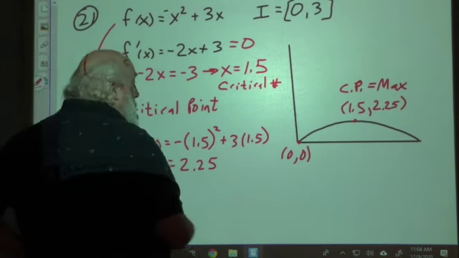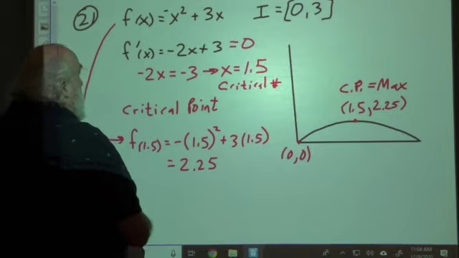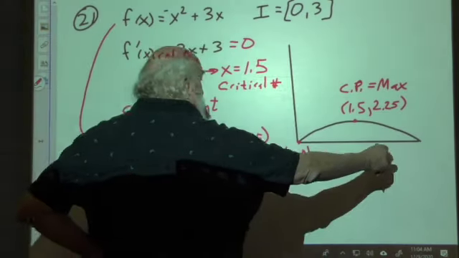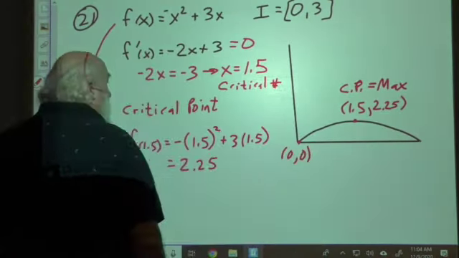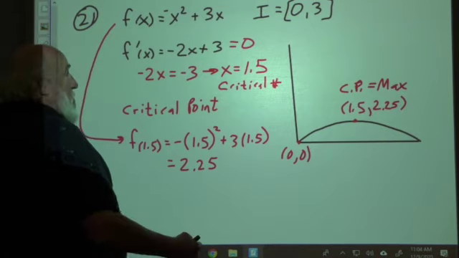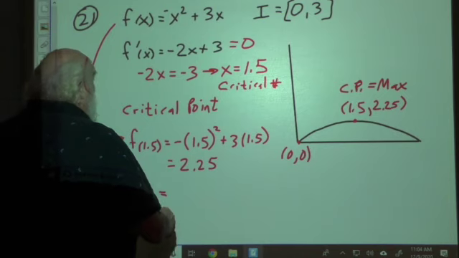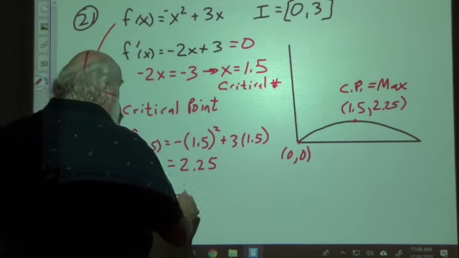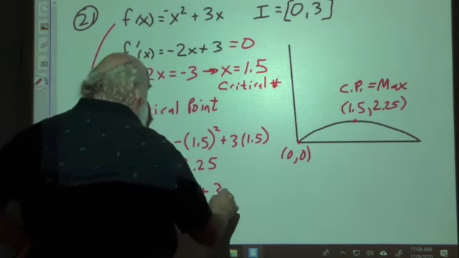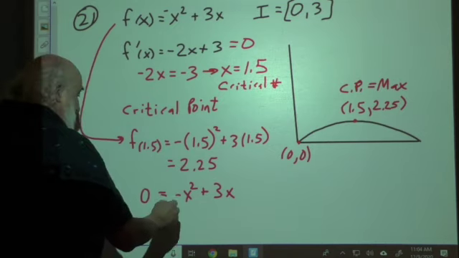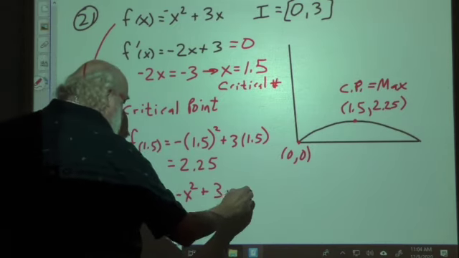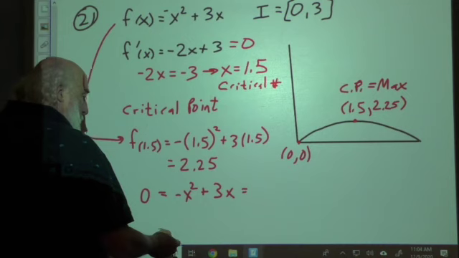we know that this is going to have a y value of 0. We want to find the value of x. So 0 is equal to negative x squared plus 3x. And so this becomes then, I'm going to factor out an x out of this.